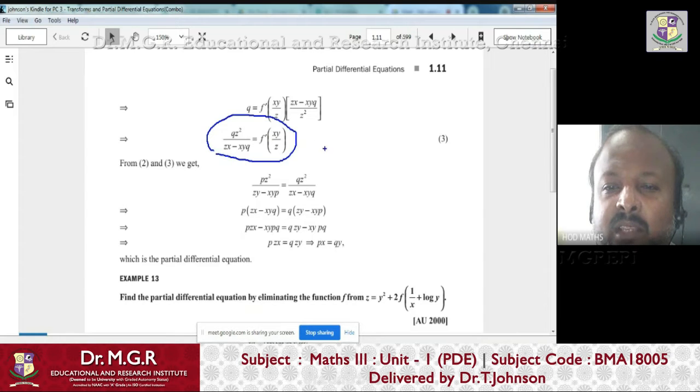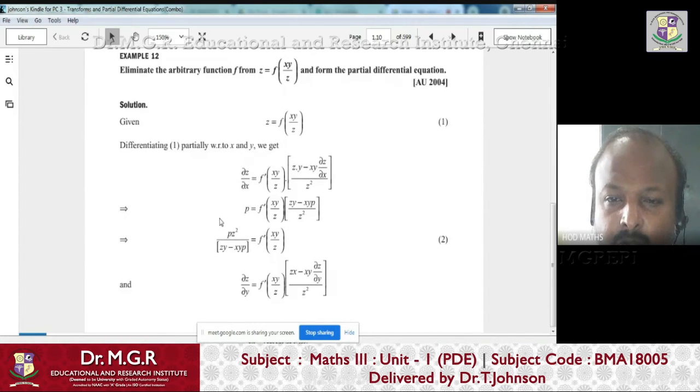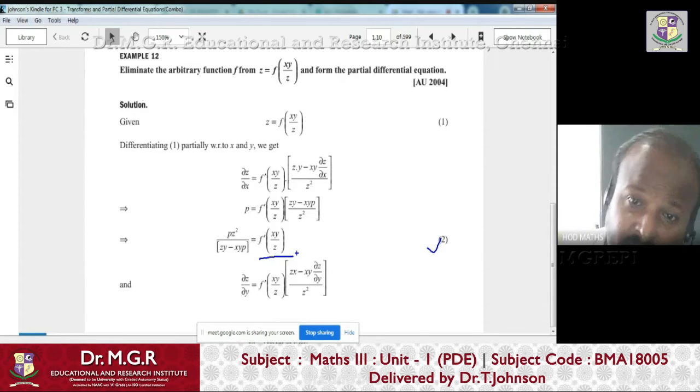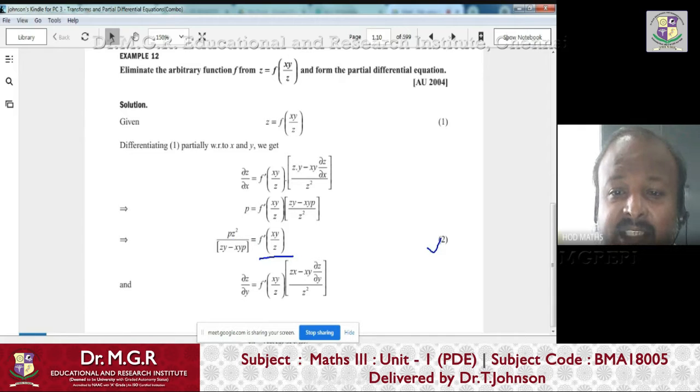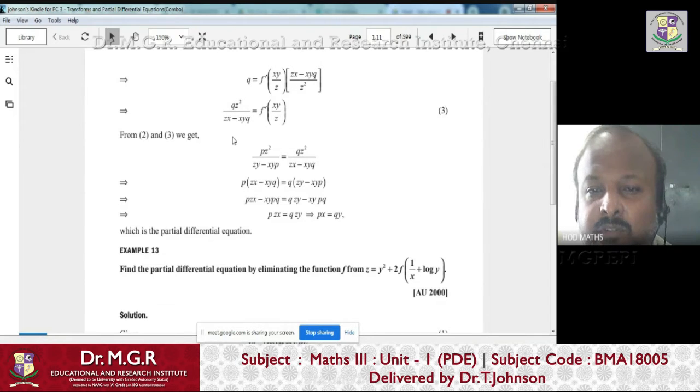So now one thing is very clear. This equation, equation number 3, as well as equation number 2, both are equivalent to the function f dash of xy by z. So f dash of xy by z equals p z square. At the same time, f dash of xy by z equals q z square. So left hand side is equal to right hand side.